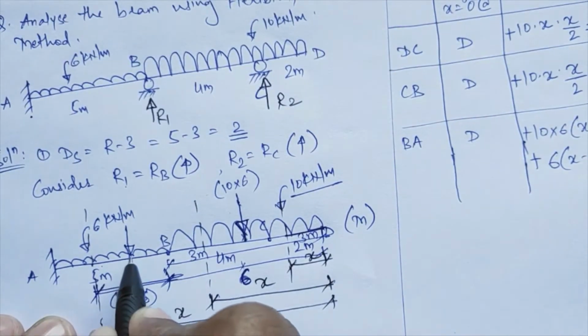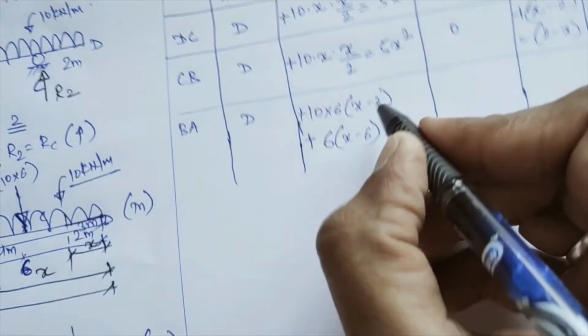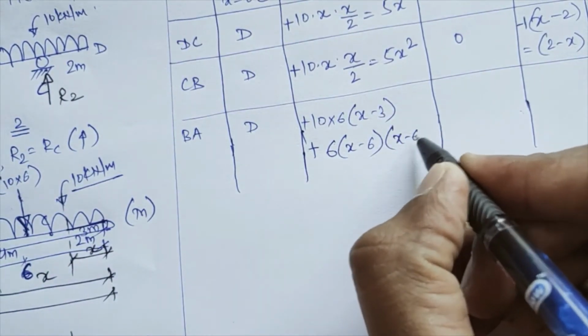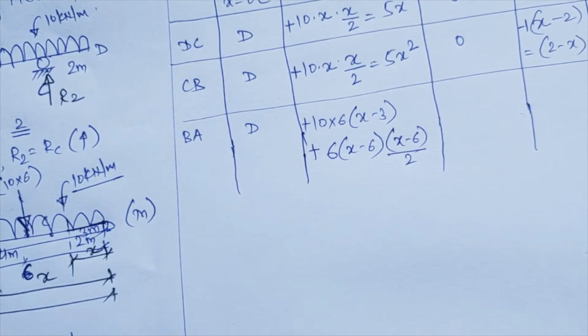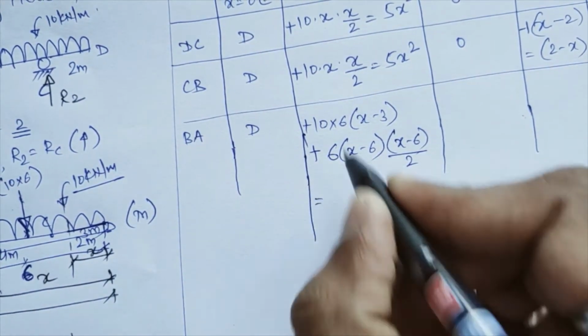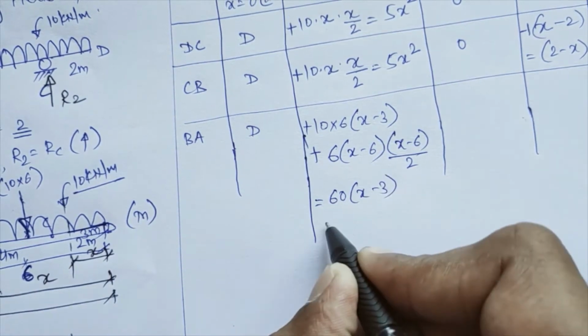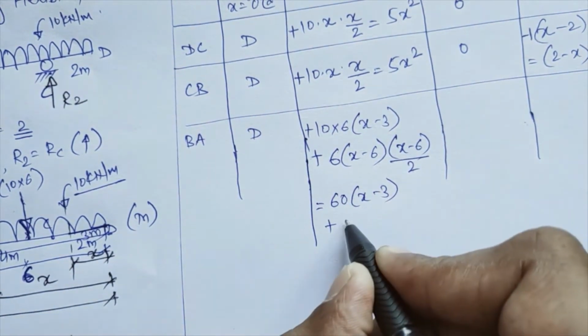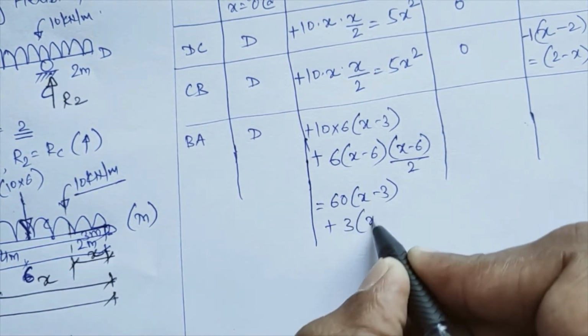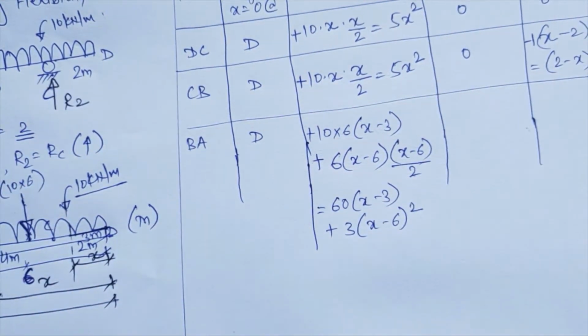So your lever arm will be half of x minus 6, so I'll get x minus 6 divided by 2 over here. So this is converted as 60 into x minus 3 plus 6 divided by 2 into x minus 6, which I'll get as 3 into x minus 6 square over there.